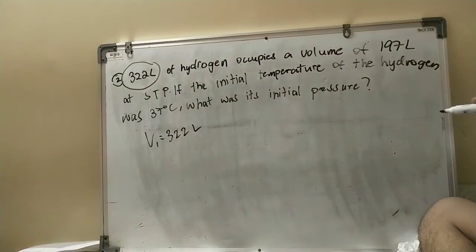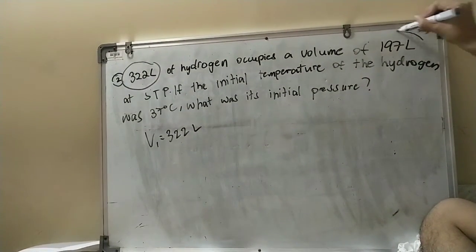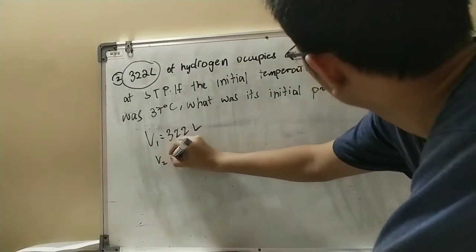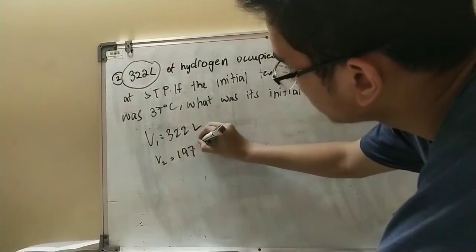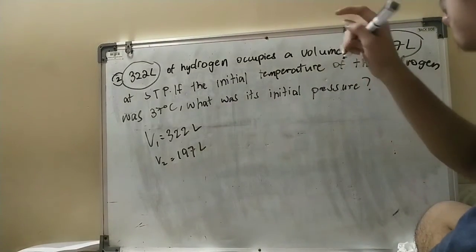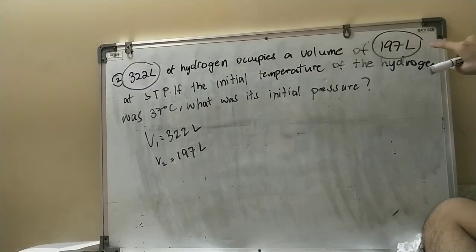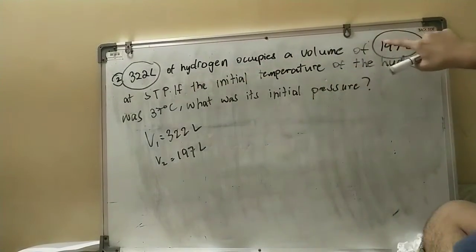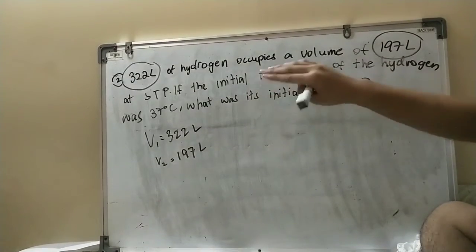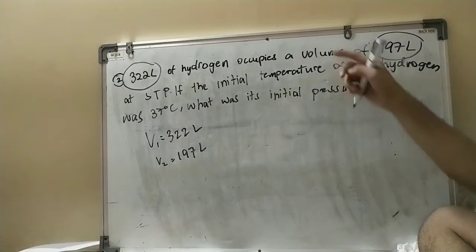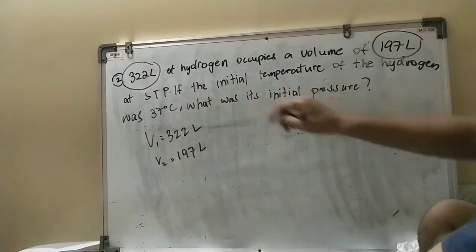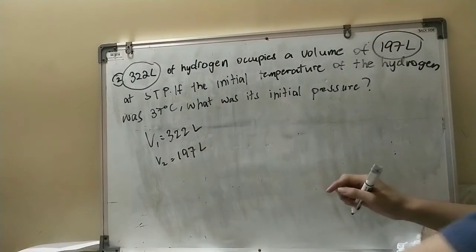Our next value is volume 2, or final volume, which is 197 liters. Now, as you can see in the problem, the final units are the standard temperature and pressure.